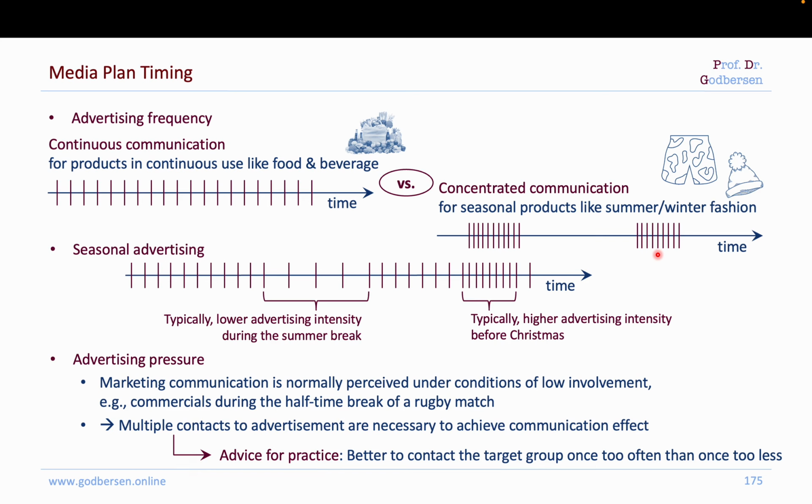What you normally find throughout the year, if you have a very aggregated view, is that there's continuous advertising going on. But during the summer months, when there is the summer break, the intensity goes down, as lots of people are on holidays, they are abroad and they want to relax, not go shopping and have all this stress all the time.